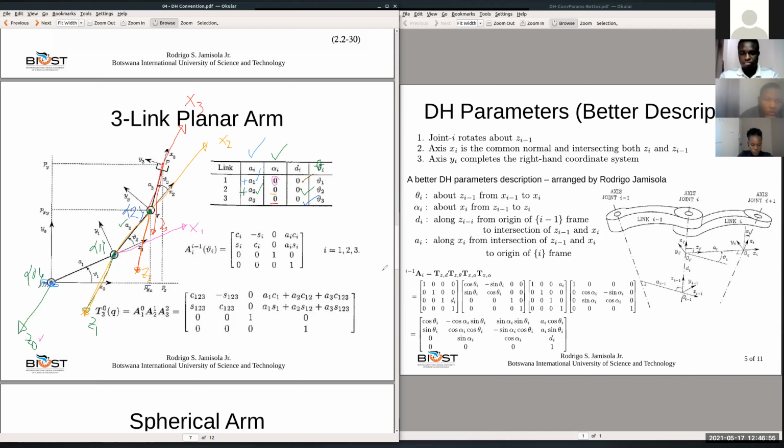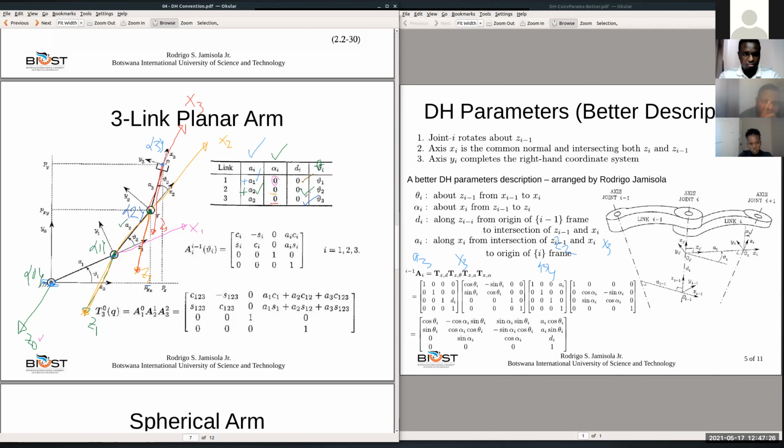So now you have A3 along X3, the intersection of Z2 and X3, frame 3. So let's start with that one first. The origin of frame 3. Where's the origin of frame 3? This one. We know that this is frame 3. That's the origin of frame 3.